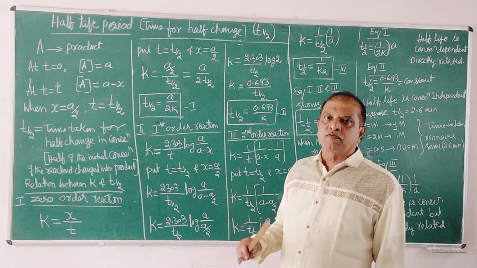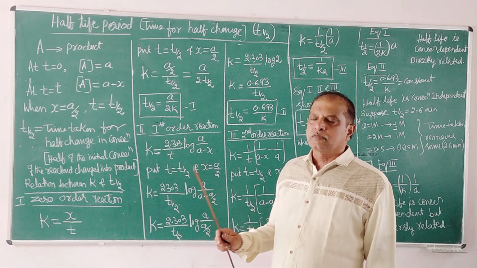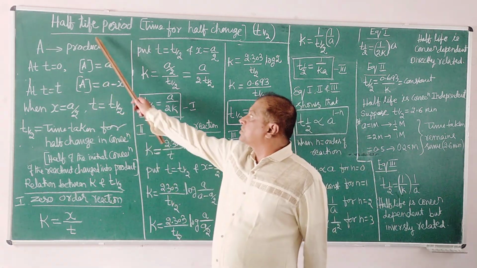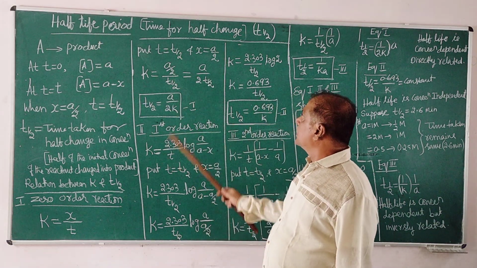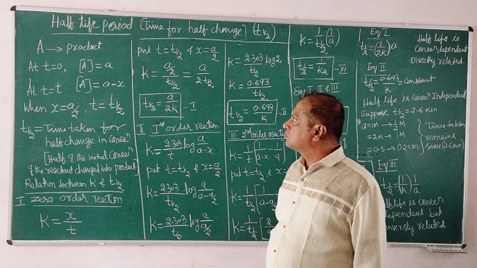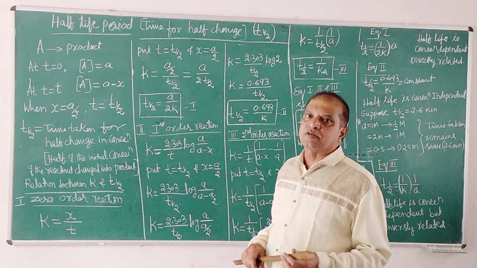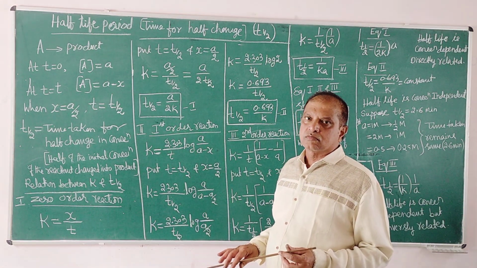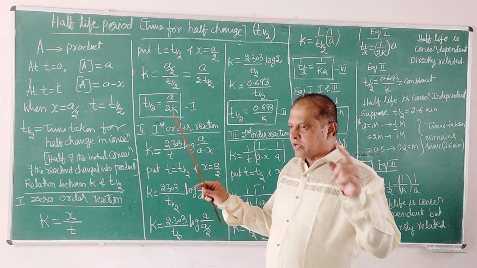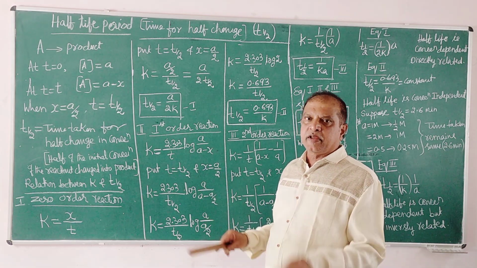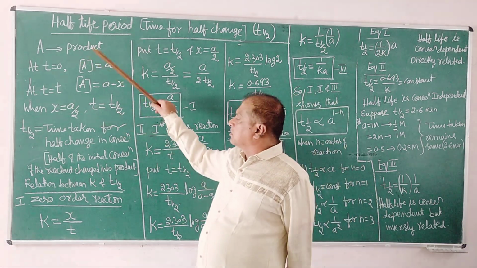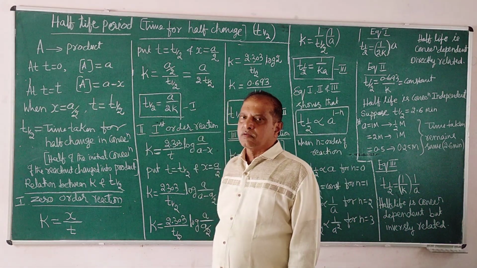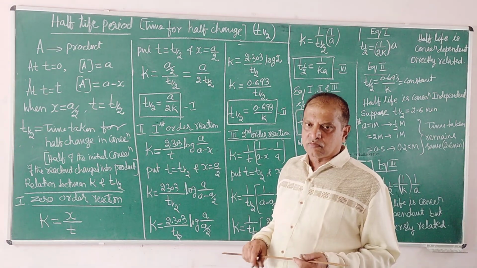The remaining half remains. It is called time for half change as well. The symbol is t half. What is the time required by the reaction to complete half of the reaction, half of the concentration of the reactant you have taken?